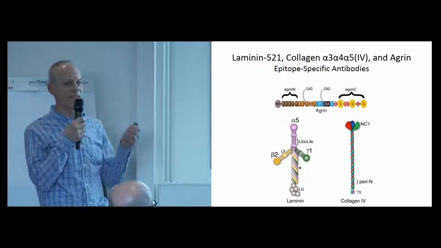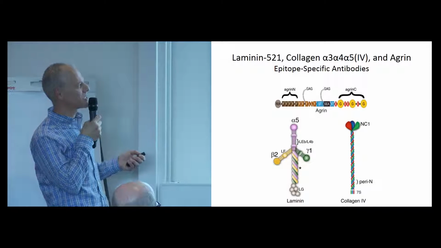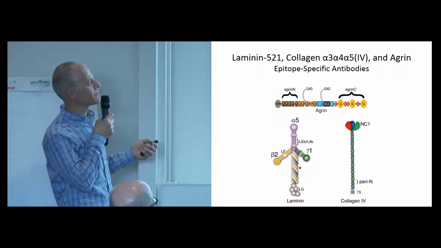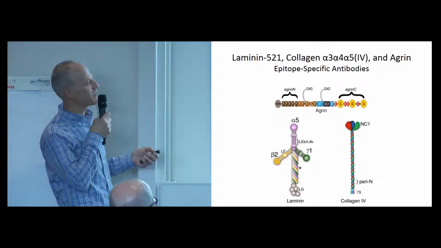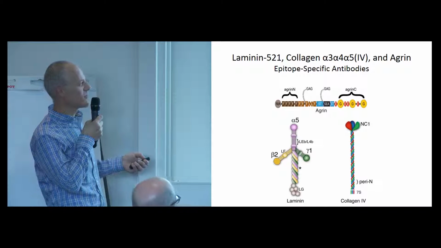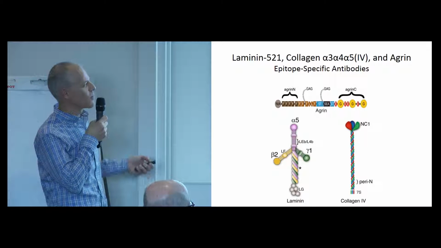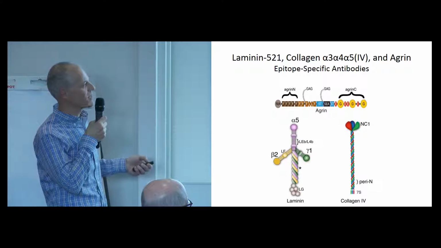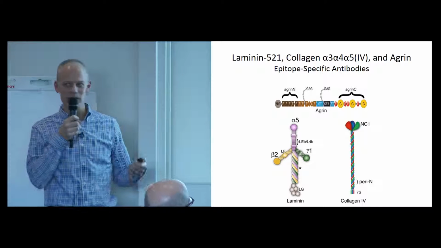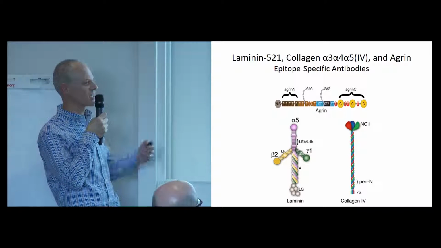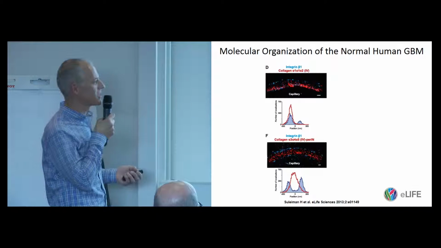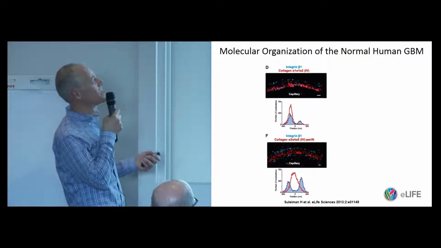We're able to do this at the epitope level, using antibodies specific for known epitopes present on these proteins, for example, the agrin N terminus, the agrin C terminus, the laminin alpha 5 LG domain, the laminin alpha 5 LEb L4B domain, the collagen 4 NC1 domain, alpha 3/4/5 NC1 domain, or an N-terminal domain. We were able to map all of these epitopes within the glomerular basement membrane and see how these proteins are actually arranged. These data are published, so I'll just summarize and show you the highlights relevant to Alport syndrome.